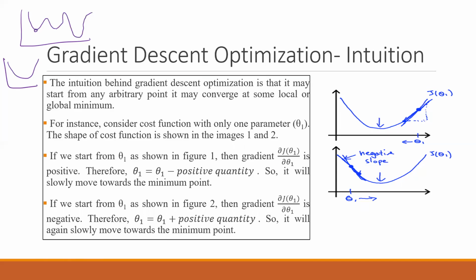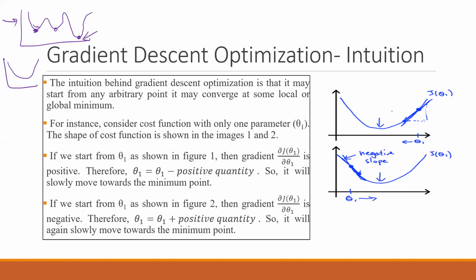It has this point, this point, and this point. Out of these, obviously this one is the global minima, but your model may get stuck at this point, thinking that this is giving me the slope of 0, and maybe this is the point. But right now we are not going into this kind of detail.